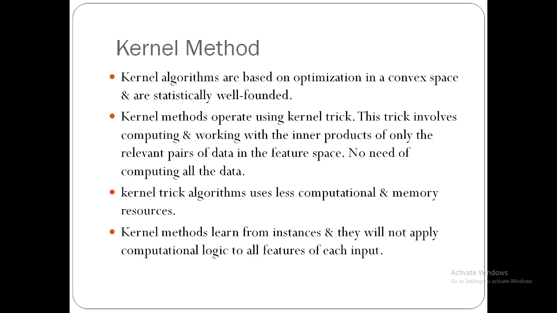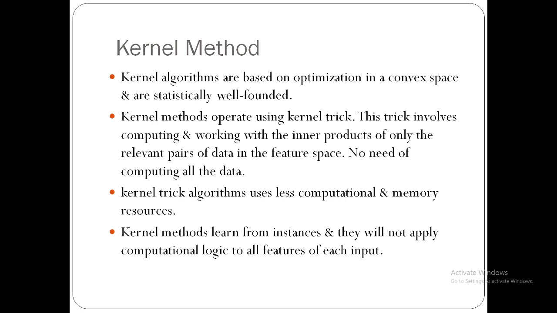The kernel algorithm is the core, or the heart, of this SVM machine. Kernel algorithms are based on optimization in a convex space and are statistically well founded. Kernel stands for the core of the SVM.